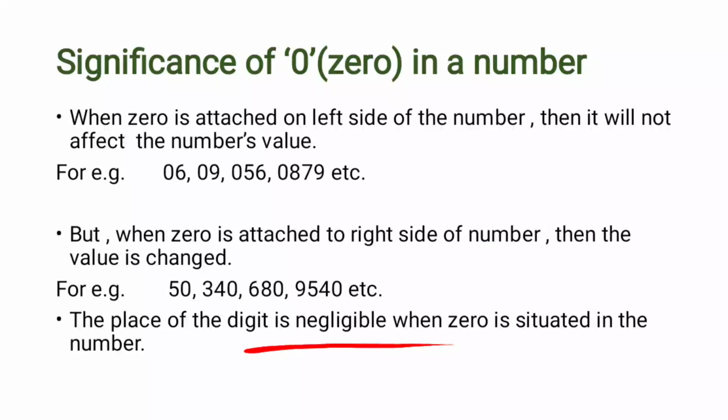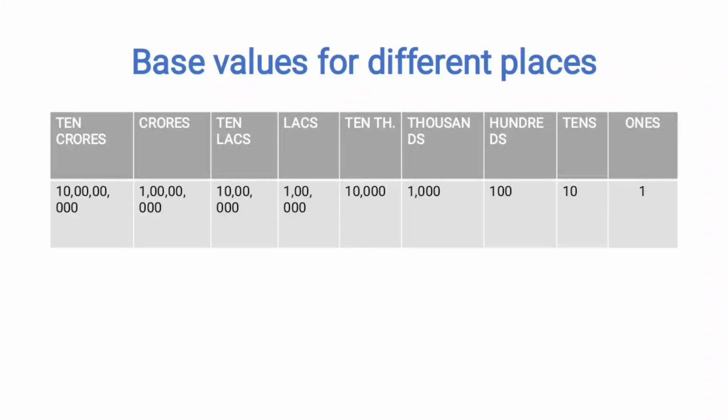Okay, so in the previous class we have seen the base and place. Places were ones, tens, hundreds, thousands, 10,000s and more, lakhs, 10 lakhs, crores, 10 crores and so on.